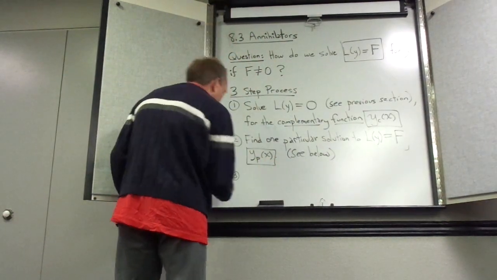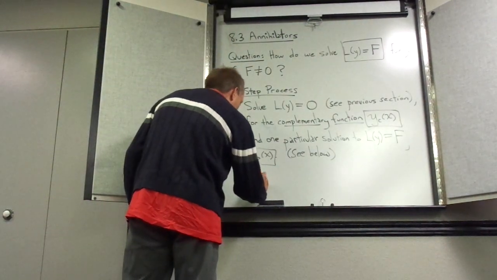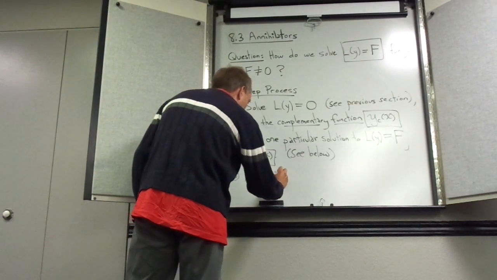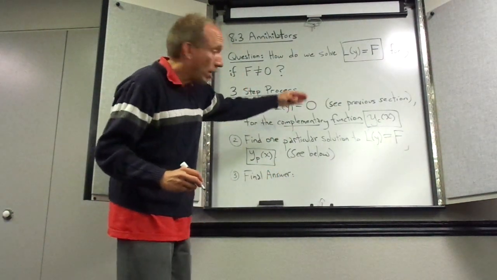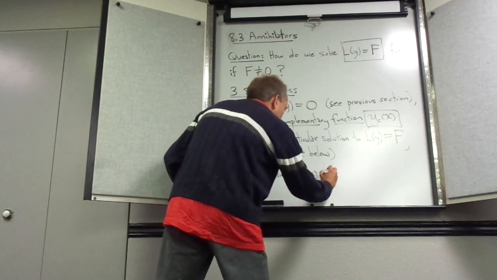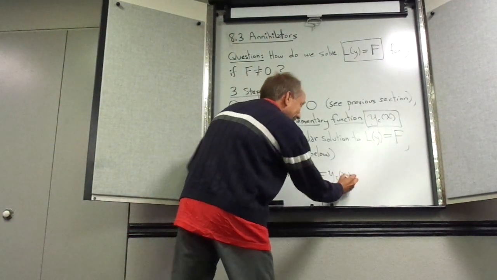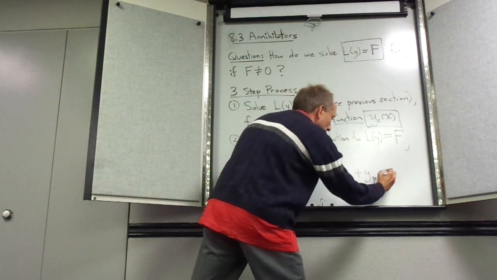And then finally, step 3 is the easy part. This is where you just write down the final answer. The final answer is just where you combine the complementary function and the particular solution. So the final answer, turns out, you just simply have to add the complementary function and the particular solution together.